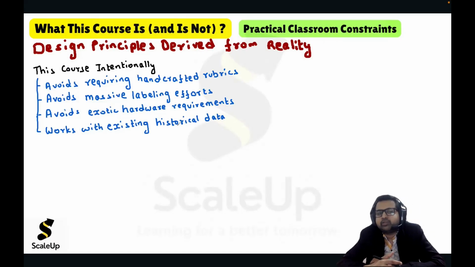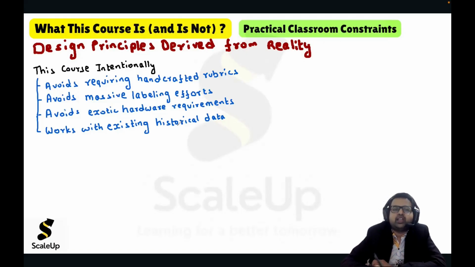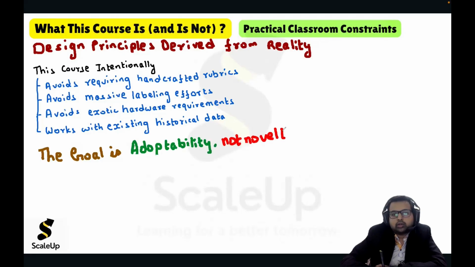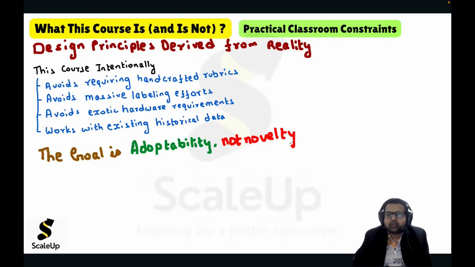So the design principle of our AI grading system is derived from reality, wherein it will focus on simplicity and not complexity. The goal is adaptability, not novelty. We will not be focusing on building something novel, something very out of the box, something very new.